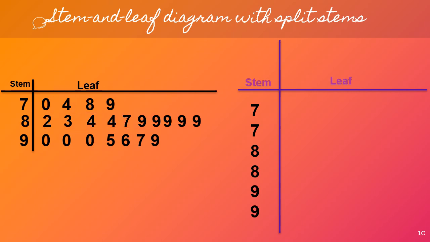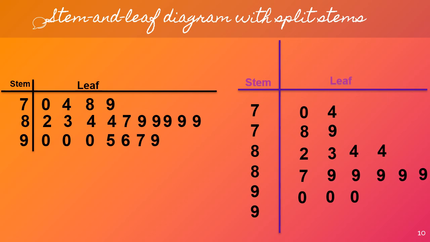So let's make the stem and leaf diagram with split stems. For the first stem, from 0 to 4, we have 0 and 4. From 5 to 9, we have 8 and 9. For the next stem, we have 2, 3, 4, 4, then 7, 9, 9, 9.